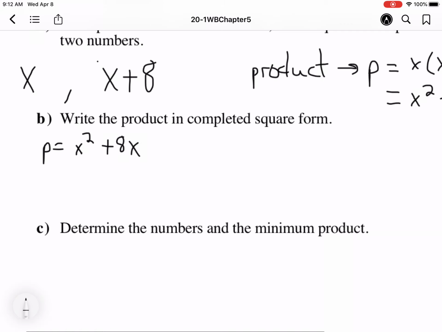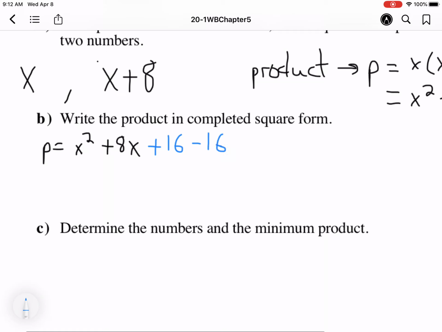All right, so we don't have to factor anything out, so now we can just go ahead and complete the square. So I'm going to complete the square by adding and subtracting what? Well, we're going to take 8 divided by 2 is 4 and square it. So we're going to add 16 and subtract 16, right?